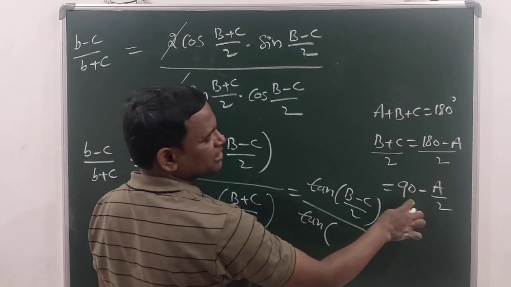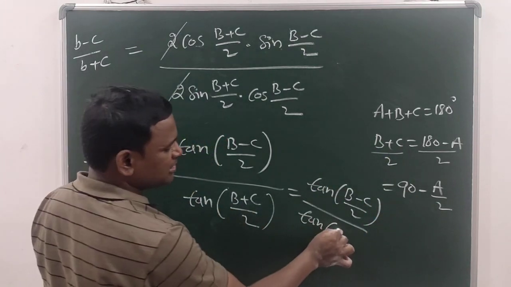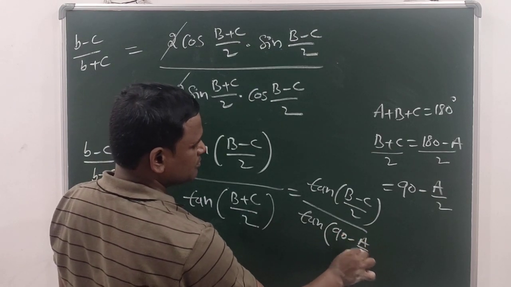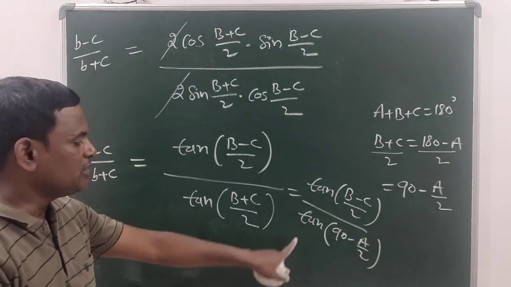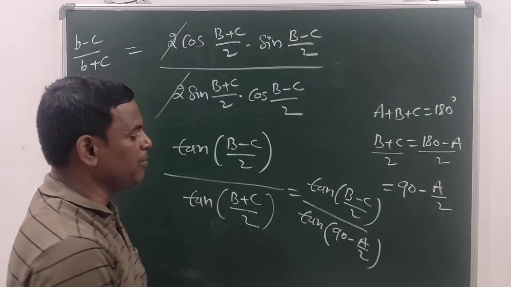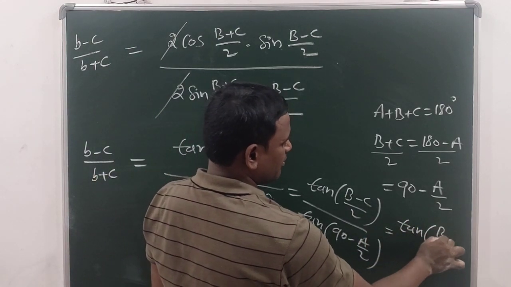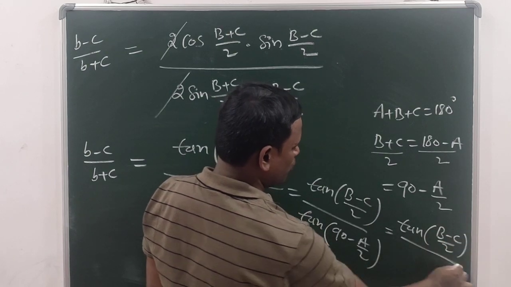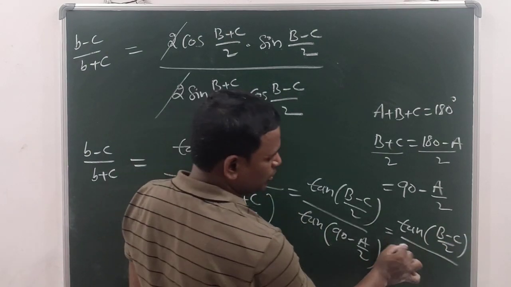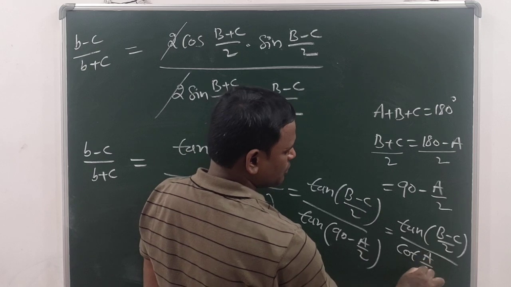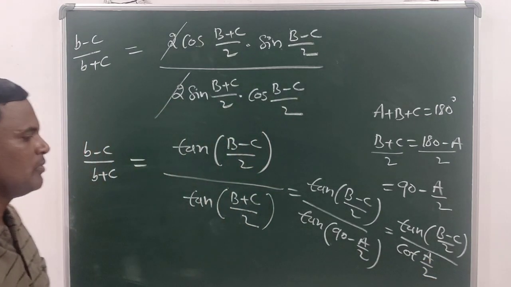(B plus C) by 2 is nothing but 90 minus A by 2. As you know, tan(90 minus theta) is equal to cot theta. So we get cot A by 2.